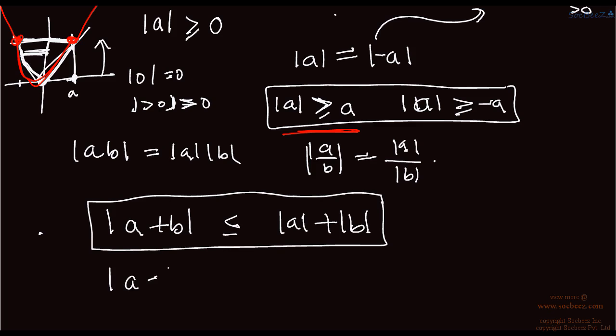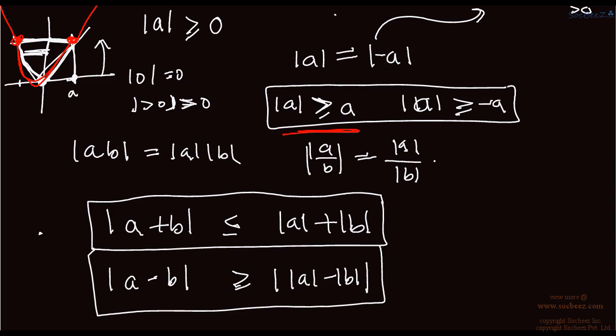Then another one: mod of a minus b is greater than or equal to the mod of mod a minus mod b. These two are important, you have to remember them. Mod of a plus b is less than or equal to mod a plus mod b, and mod of a minus b is greater than or equal to this.